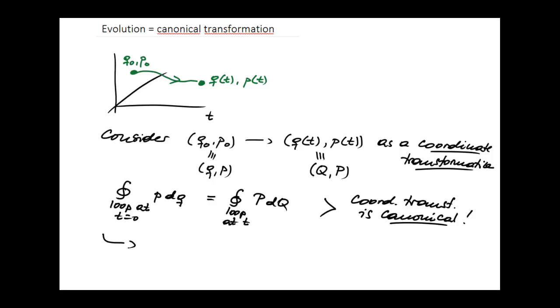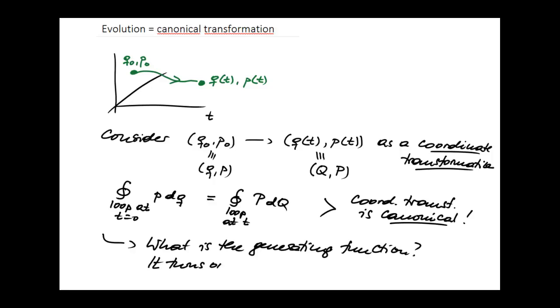Now you might ask a very interesting question. If the time evolution can be viewed as a canonical transformation, and every canonical transformation has a generating function, you may wonder, what is the generating function of time evolution? It turns out, and we will discuss that later in the context of Hamilton-Jacobi theory, that the generating function for time evolution is the action.